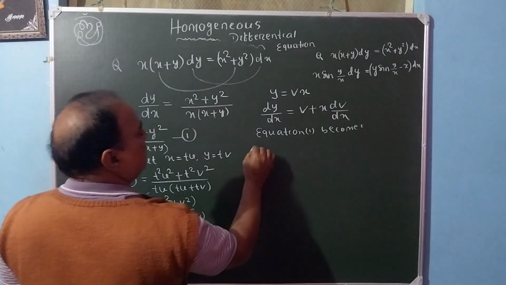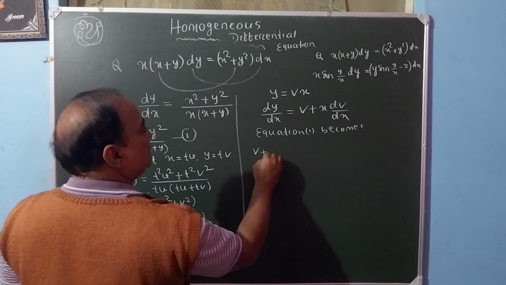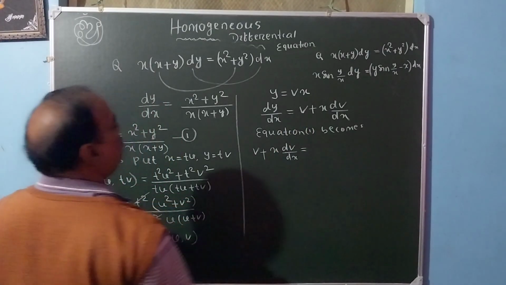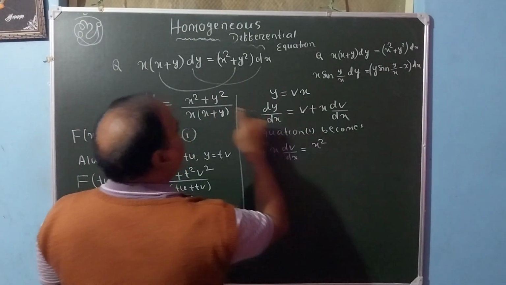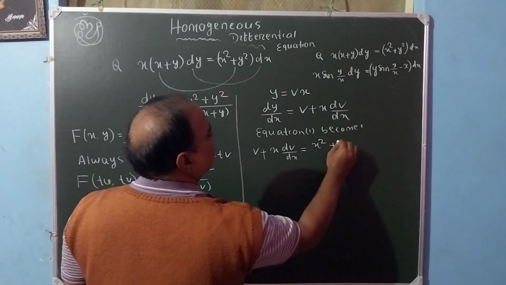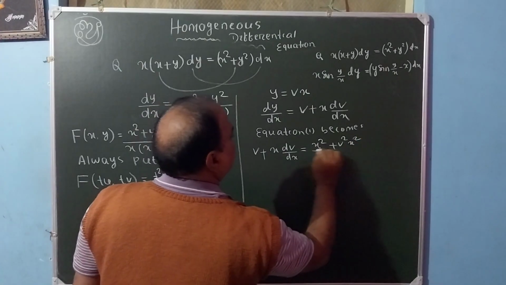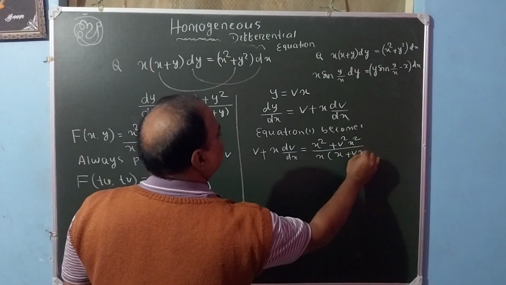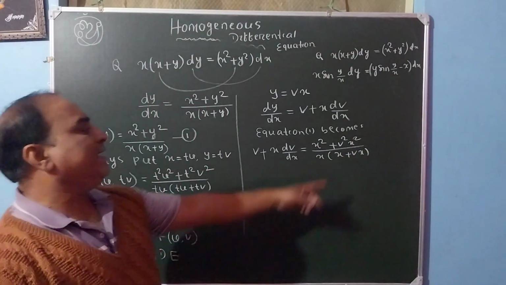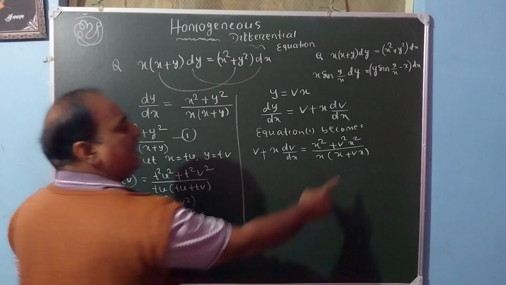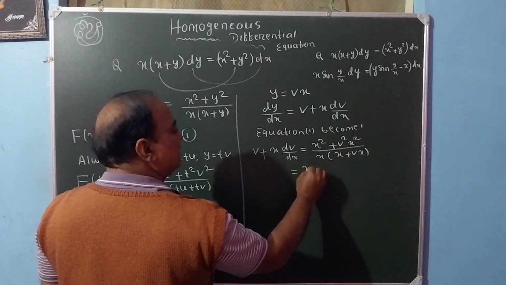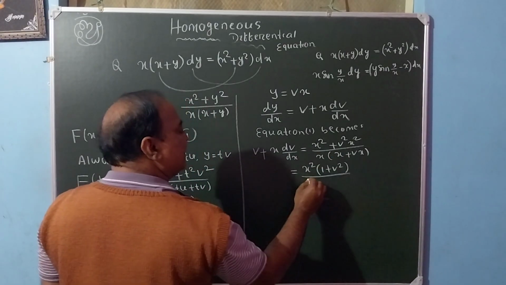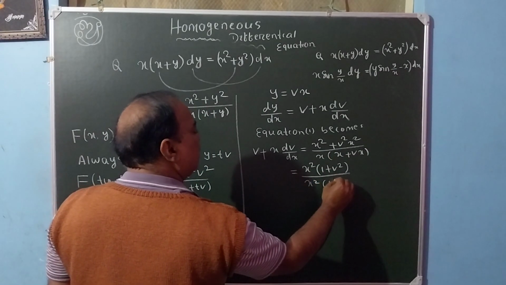So we get v plus x dv by dx is equal to x square, in place of y we put vx: (x square plus v square x square) divided by x into (x plus vx). Take x square common in the numerator and x common in the denominator. We get x square into (1 plus v square) divided by x square into (1 plus v).